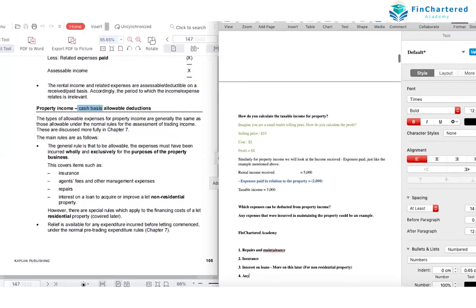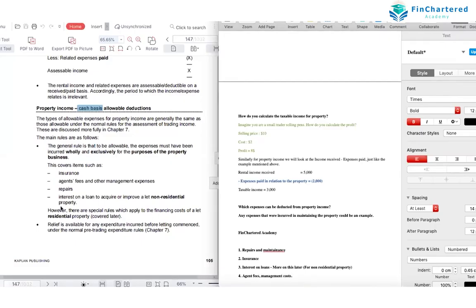And any costs incurred before renting out the property, agent fees, management costs, etc.